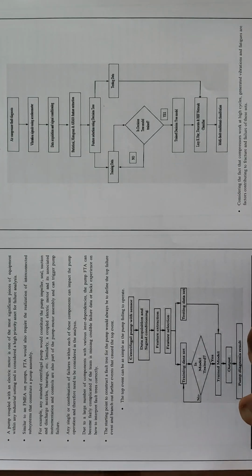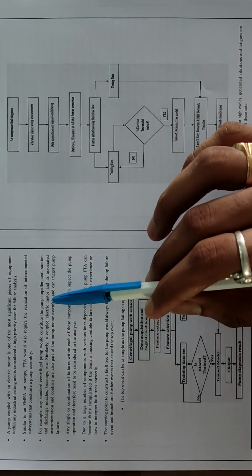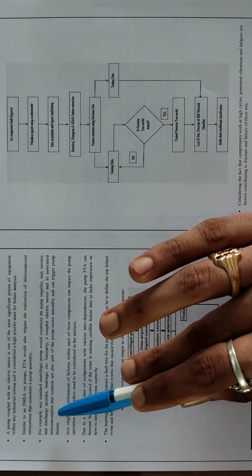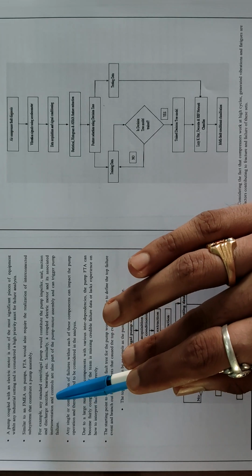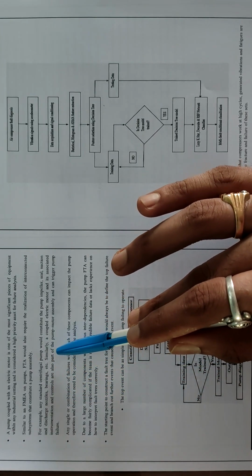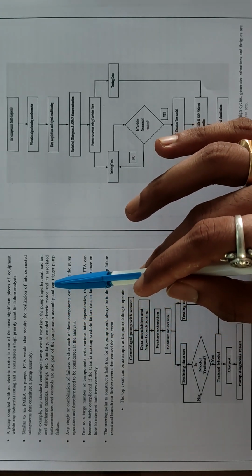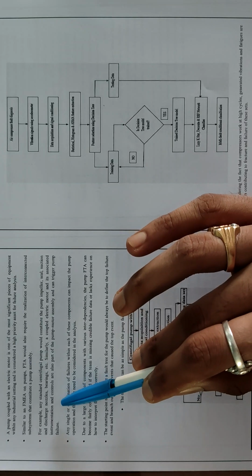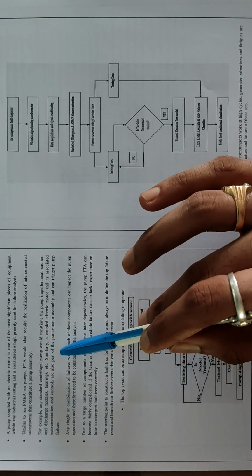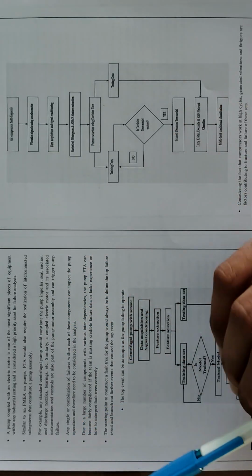For example, any standard centrifugal pump would require the pump impeller, seal, suction and discharge nozzles, bearings, etc. Similarly, a coupled electric motor and its associated instrumentation and controls are also part of the pump motor assembly and can trigger pump failure.